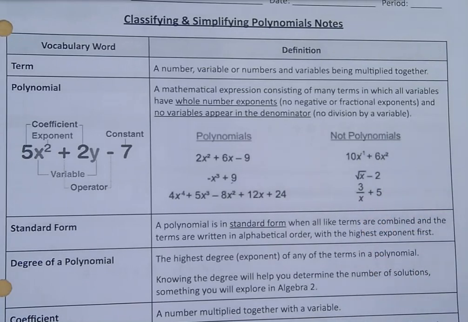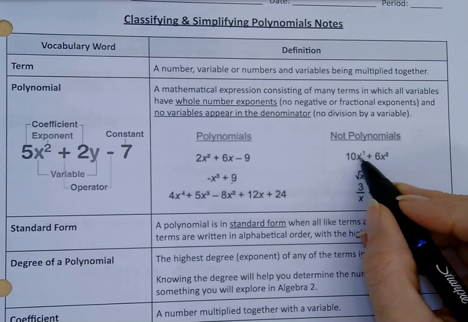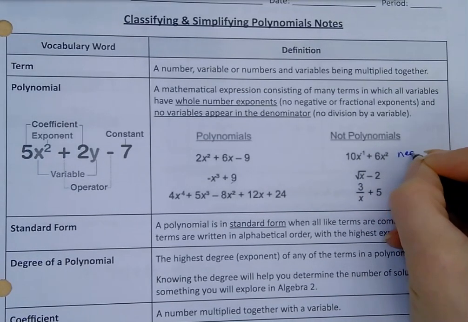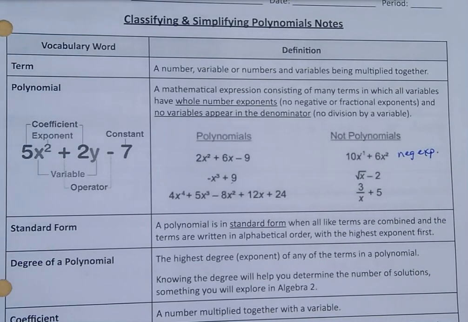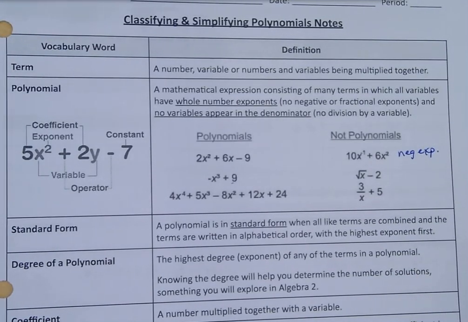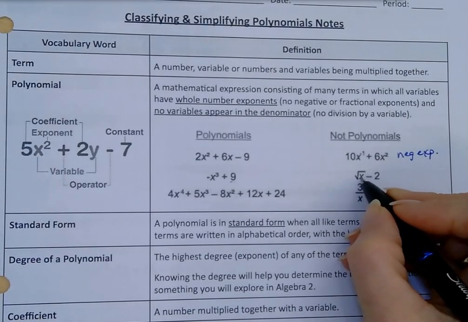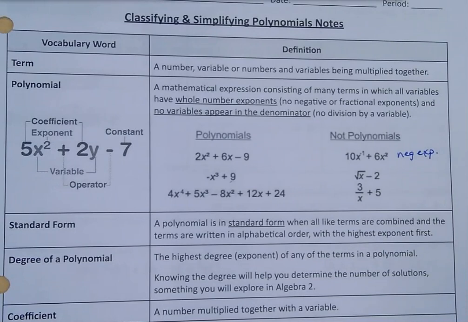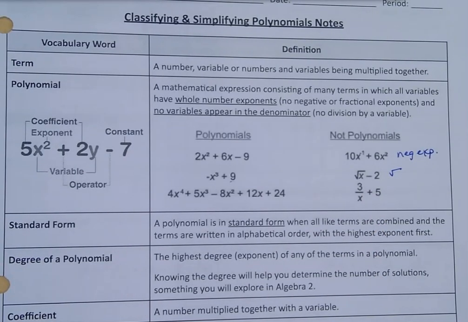Things that are not polynomials, if I look here and I have 10x to the negative 1, that has a negative exponent, so it's not a polynomial, it's just not the name for it, it's something else, okay? Square root of x minus 2, a square root, if you remember, it's really x to the 1/2, and so it's because of the square root that makes that not a polynomial.